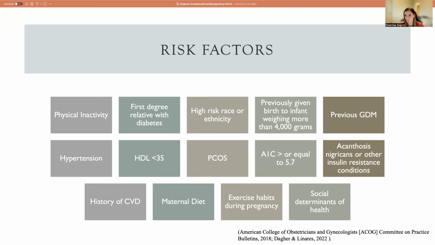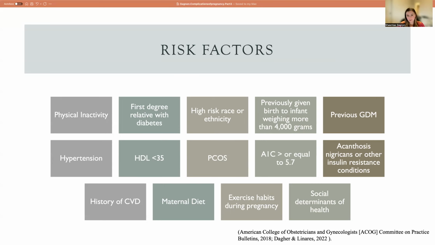Previously being diagnosed with gestational diabetes. Hypertension, having an HDL less than 35, PCOS, A1C greater than or equal to 5.7, so having prediabetes, acanthosis nigricans or other insulin-resistant conditions, having a history of cardiovascular disease.